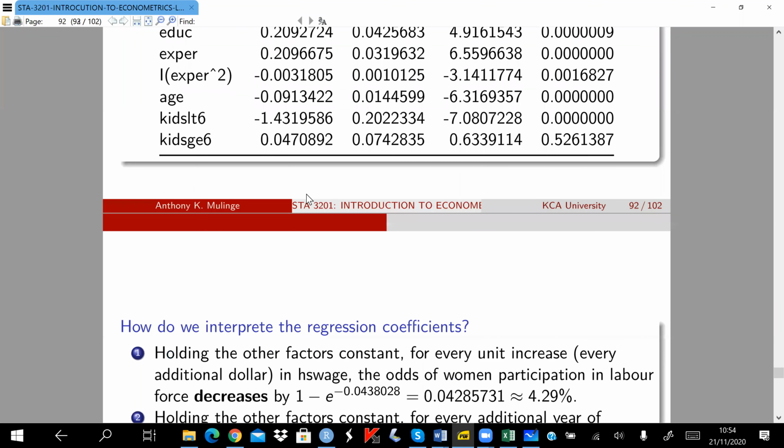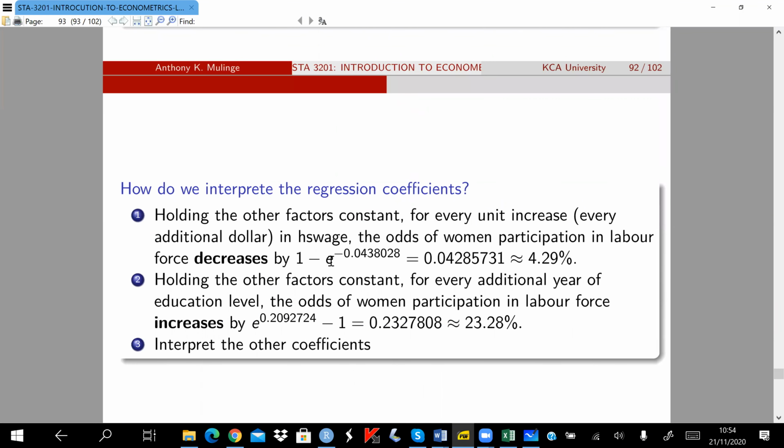And we say that you take the exponent of that value. If you take the exponent of minus 0.043802, you'll get 0.9571.